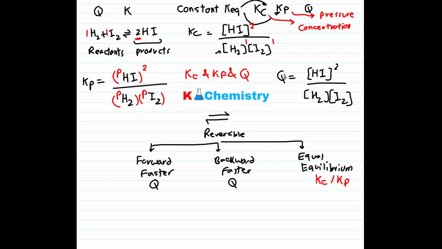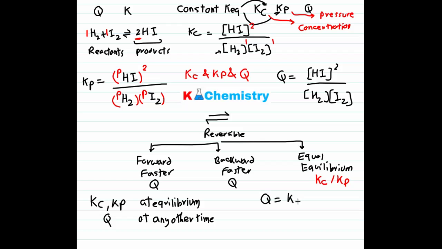If you are trying to find the Q, you will do exactly the same. The only difference is that you will be asked to find Kc or Kp only if you are given the concentration or the pressure at the equilibrium point. But if you are not given it at equilibrium, so at any other point in the reaction or at any other time where there is no equilibrium yet, it will be called Q. So basically, if Q is equal to K, you are at equilibrium.